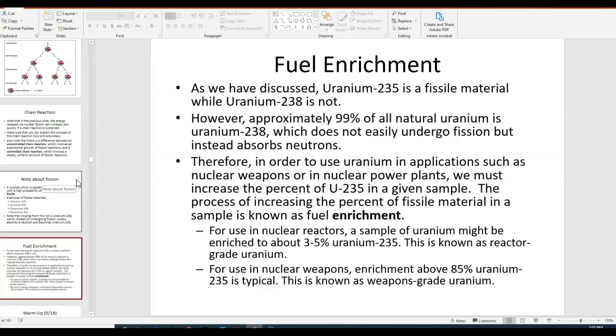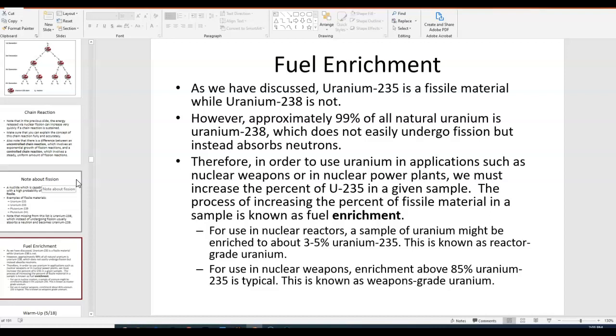And so in order to make practical use of uranium, we have to have it undergo a process called enrichment. Enrichment is another vocabulary term: a process whereby you increase the percent of fissile material in a sample. Normally I'd spend a lot of time on how we do enrichment, but we don't have time.